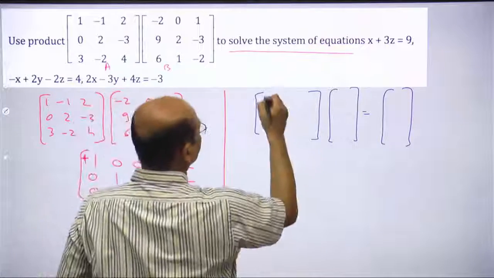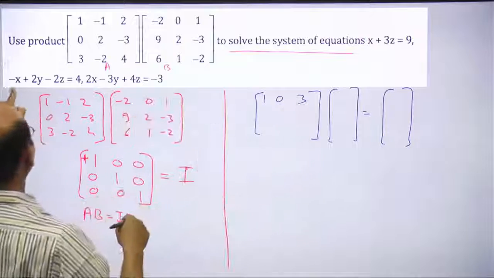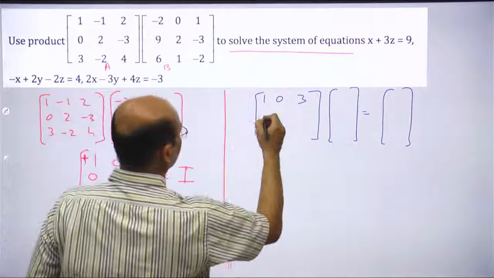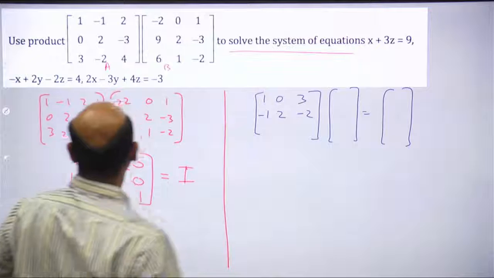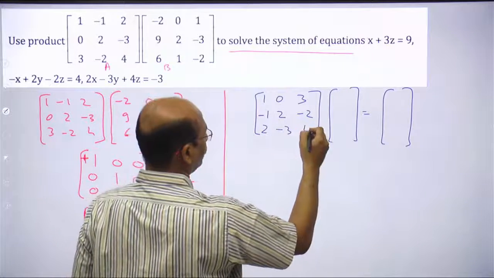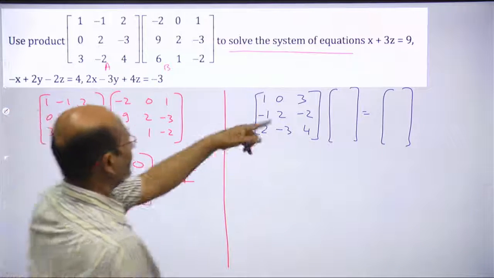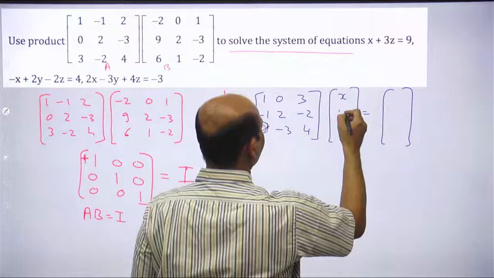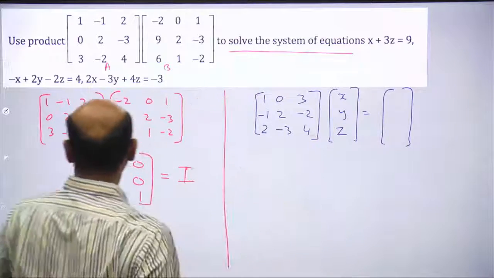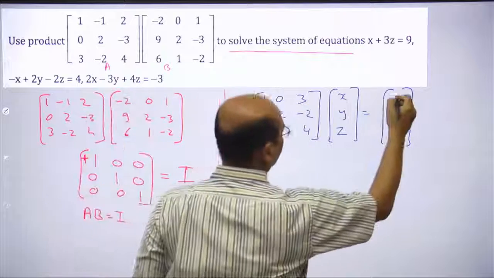So 1, 0, 3, because Y is not there, minus 1, 2, minus 2, 2, minus 3, 4, and then it is X, Y and Z. Then the constant matrix will be 9, 4 and minus 3.